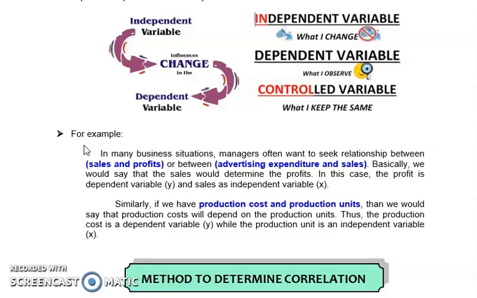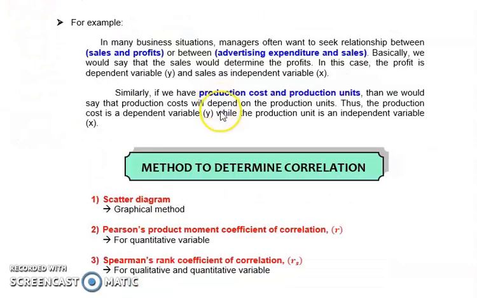For advertising expenditure and sales, so we would say that sales depends on advertising expenditure. So sales will be dependent variable Y and advertising expenditure is independent variable X. Okay, another example we have here is between production cost and production unit.